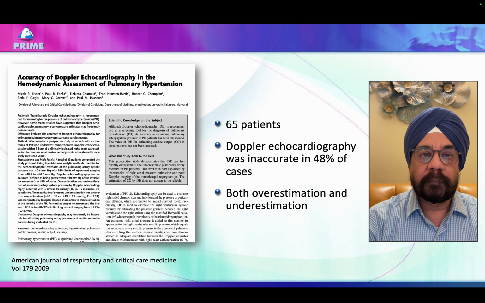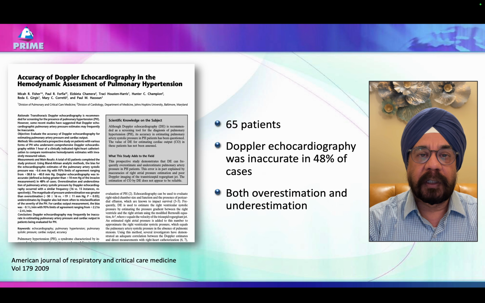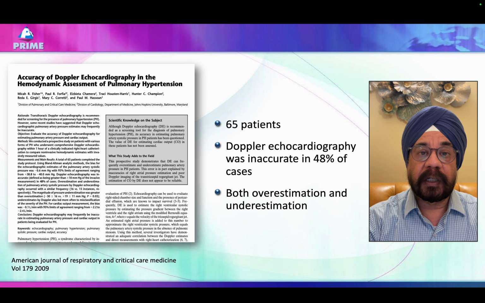We noted this in a study where about 65 patients were taken, around 2009, and they showed that Doppler echocardiography was accurate in less than 50% of the patients. In about 48% we were inaccurate in assessment. We were 10 millimeters above or below, both overestimation and underestimation, as compared to catheterization.